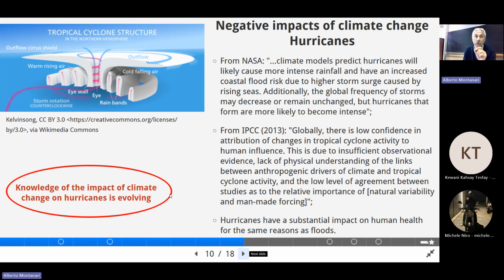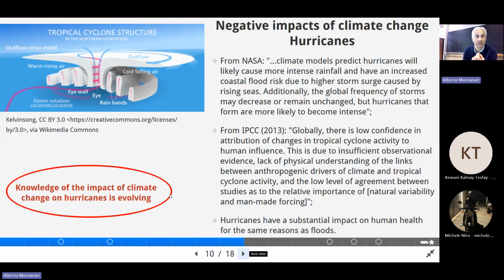It's the Intergovernmental Panel on Climate Change. It is an organization of the United Nations that, starting from, I think, 20 years ago, more or less, is in charge of studying climate change and proposing solutions.